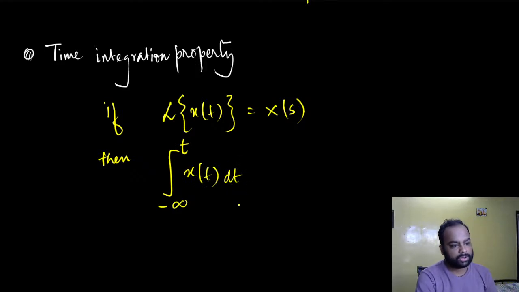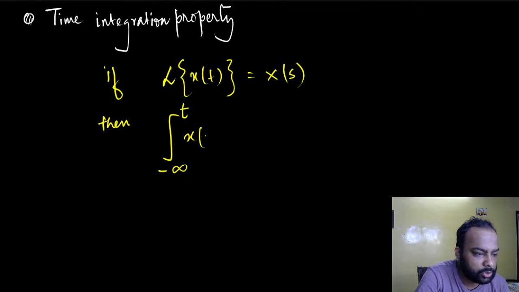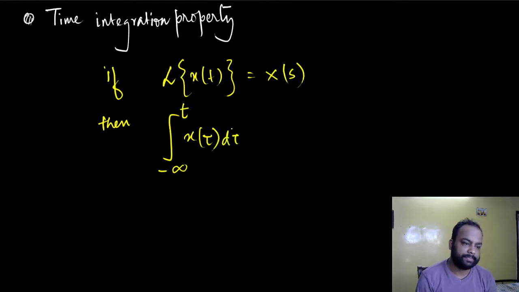Some of you might tell me that whenever the variable t appears in the limit, you are supposed to put a tau inside the integral. I do agree with that, so that's not an issue.